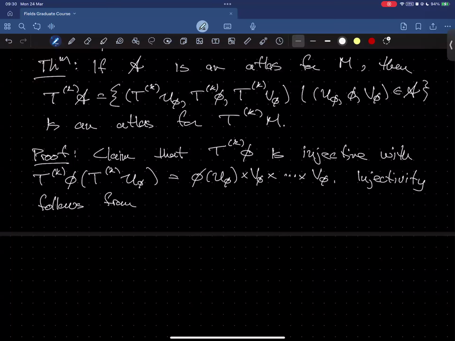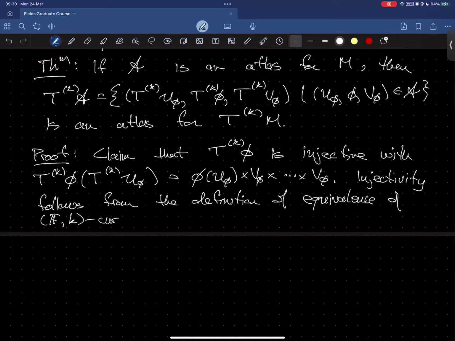I'm going to skip some details of this completely trivial argument and just say injectivity follows from the definition of equivalence of F^k curves. If you take two points in here which are different, you need to show that their images are different.